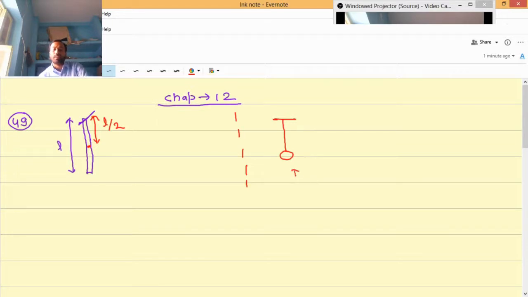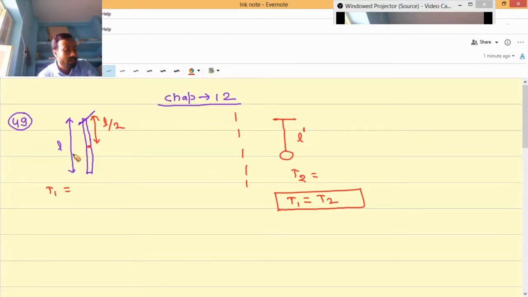If the time period for this pendulum is T2 and the time period for the rod is T1, we are given that T1 equals T2. We have to evaluate the length of this simple pendulum. Just consider the length of the simple pendulum as L dash, because the length of the uniform rod is L.